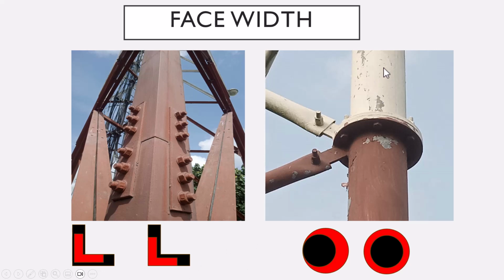But when we get to the tubular towers, you will find out that it is very difficult to align this, because the black line here represents the top section, while the red one represents the section below. We have a tubular section of 200 mm diameter, and another one of, let's say, 150.